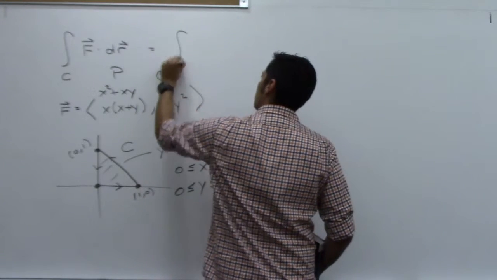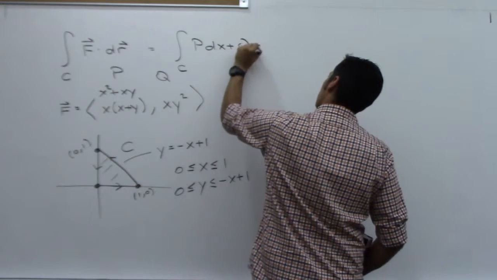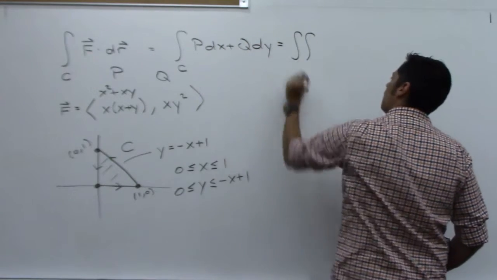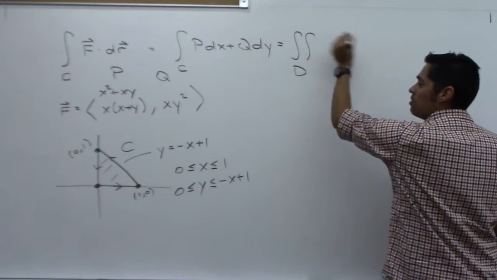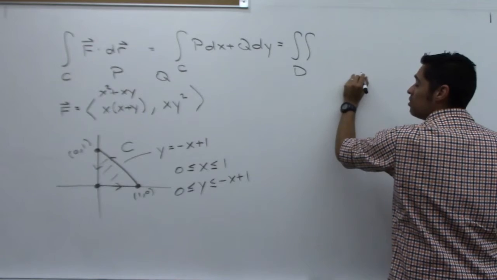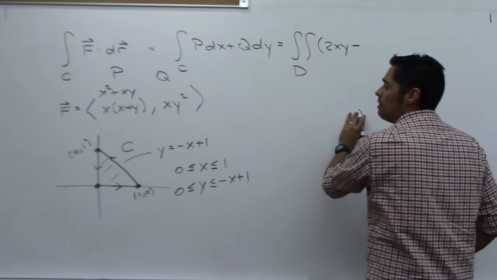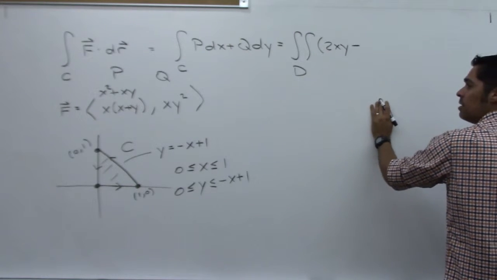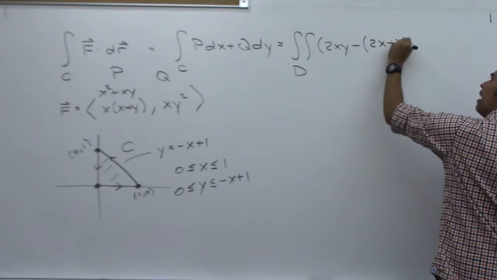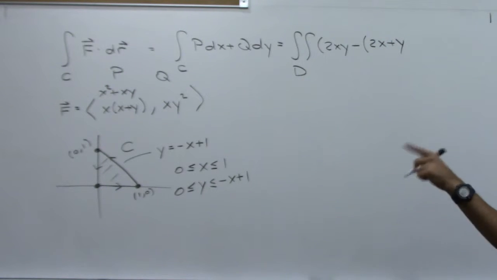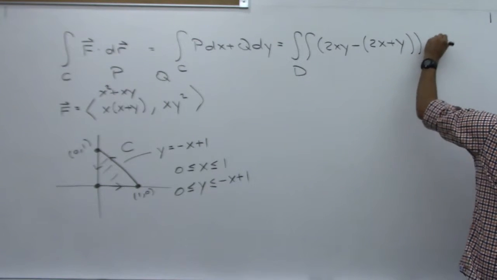This is equal to the integral over C of P dx plus Q dy, which, if it's a positively oriented closed curve, I can say is equal to the partial stuff. So partial of Q with respect to y is 2xy minus partial of P with respect to x, which is going to be 2x plus y, and then that's dA.